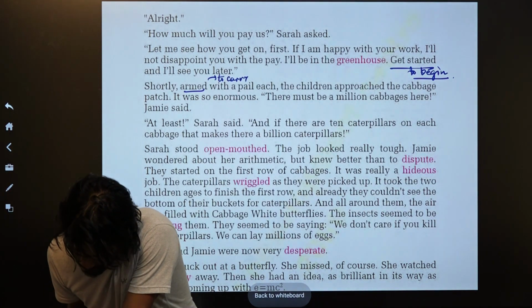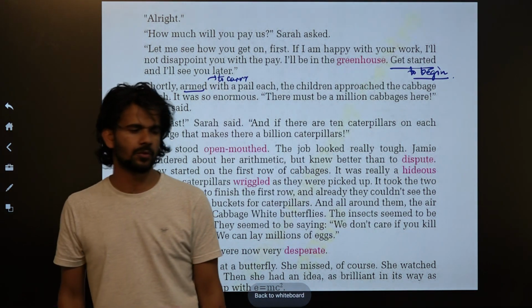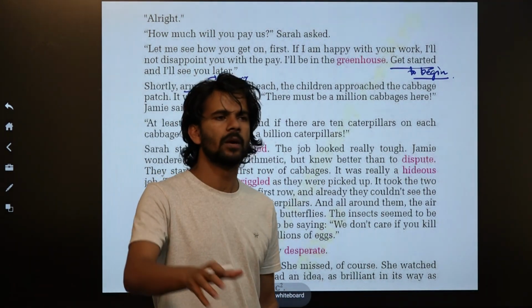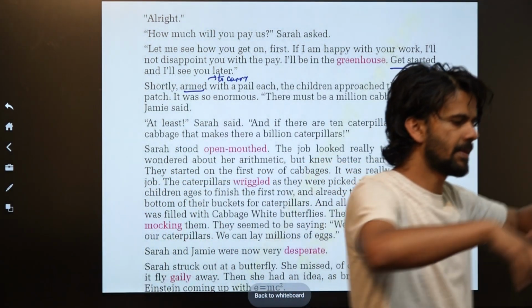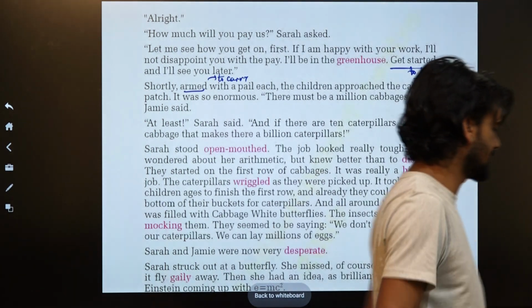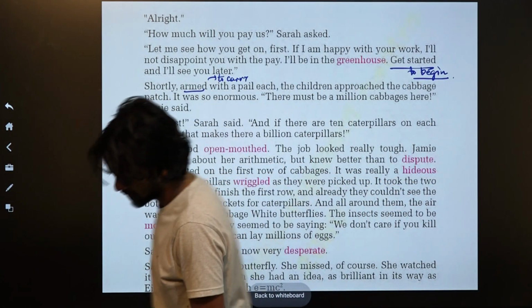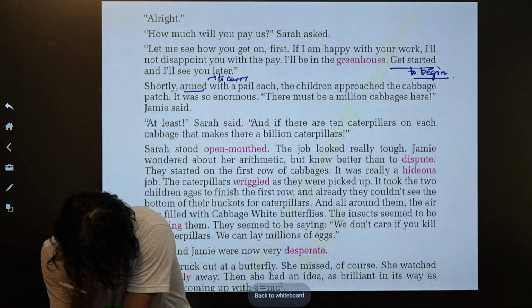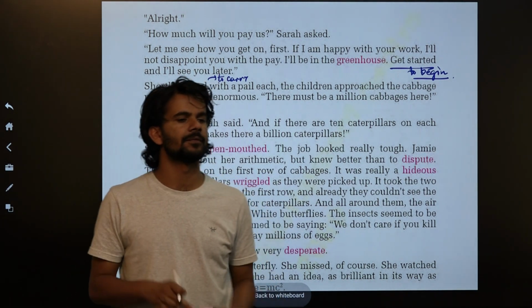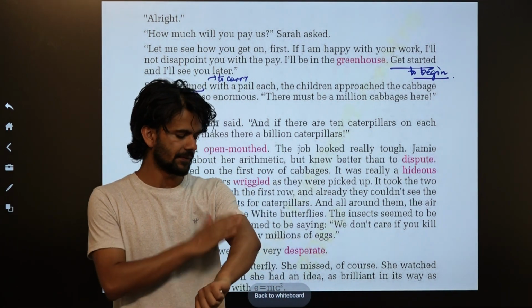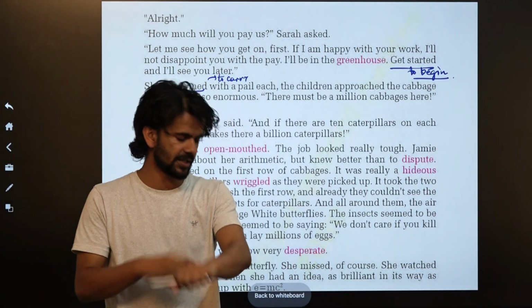The children approached the cabbage patch. So where did they go? In the farm, wherever there was a spot. Patch means a spot, a place. It could also mean, for example, a small spot in your hand or in your body, it can also be a patch.